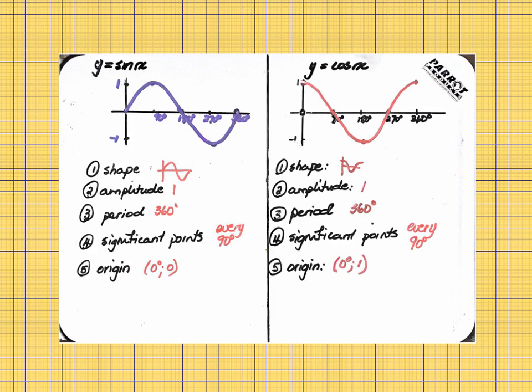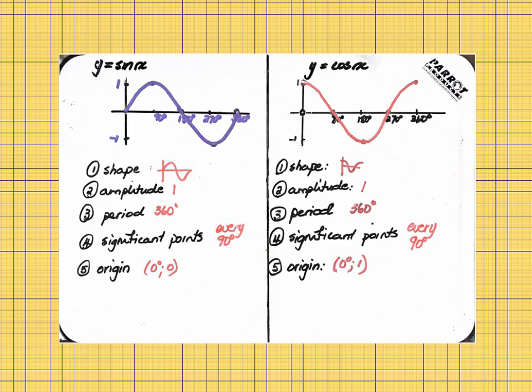The amplitude is the same, the period is the same, there are significant points at the same interval. And because the cos x graph is very similar to the sine x graph, just waving at a different time, this time the graph doesn't go through the origin, but at 0 degrees, the cos of x is 1. So it starts up on the y-intercept over there.